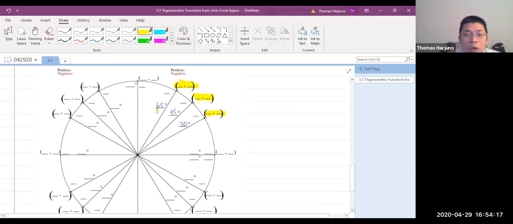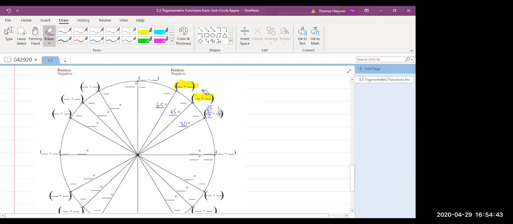For example, for 30 degrees, we already know the values. What is the cosine of 30 degrees? Cosine of 30 degrees is square root of 3 over 2, and the sine of 30 degrees is 1/2. Is it right?